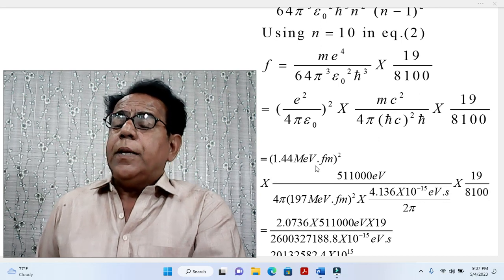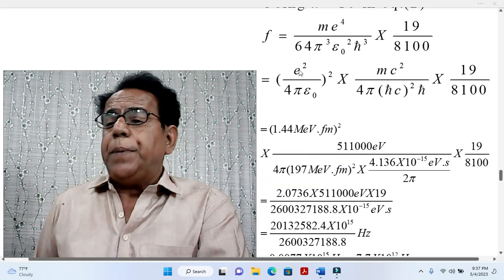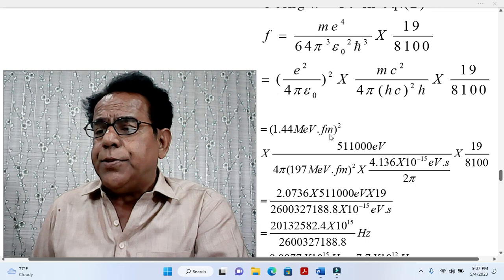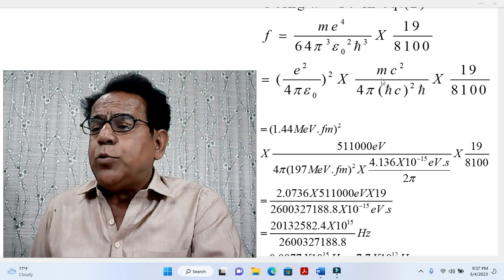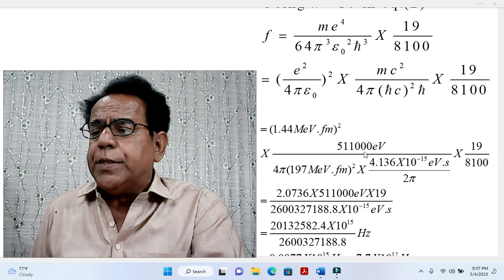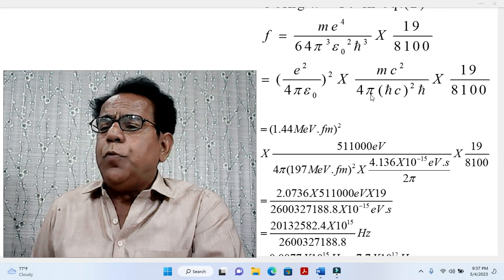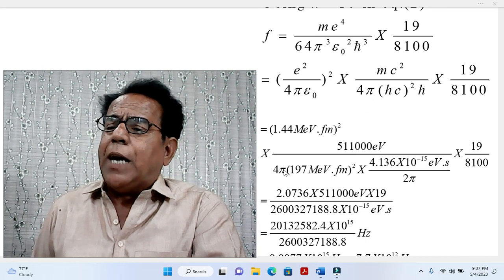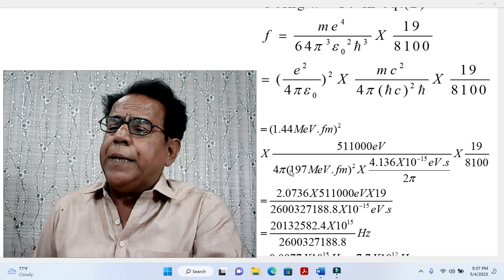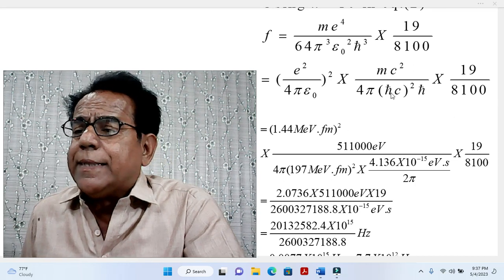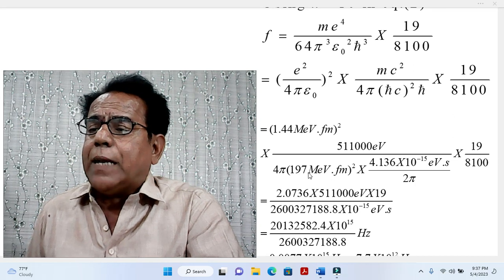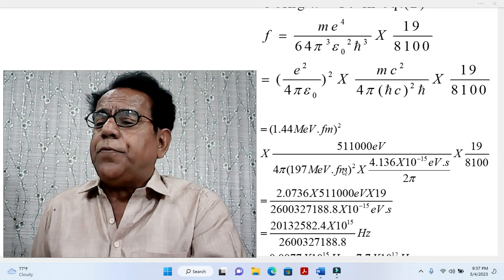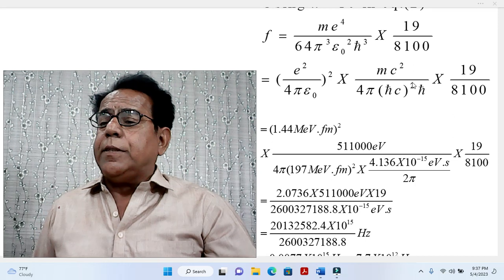Now in place of this we have used this value in square, because this is in square. Moreover, in place of 4 pi we have not disturbed it, it is still 4 pi, but in place of h cut c we have used its alternate value, which is 197 million electron volt femtometer, squared because this is in square.